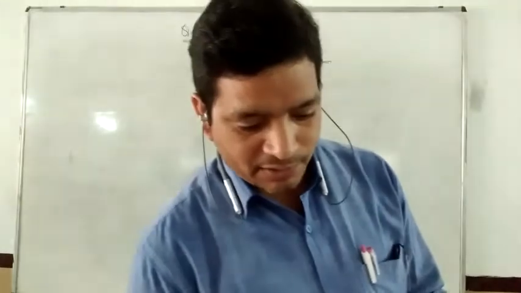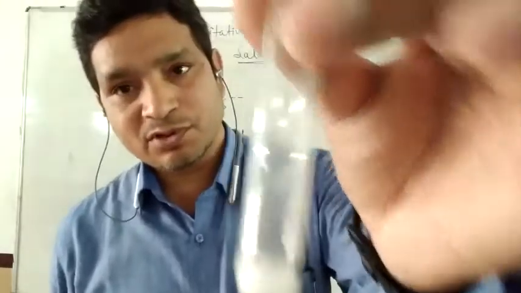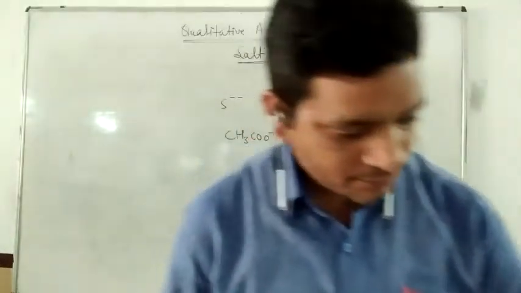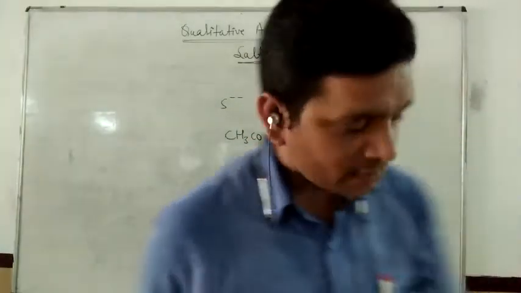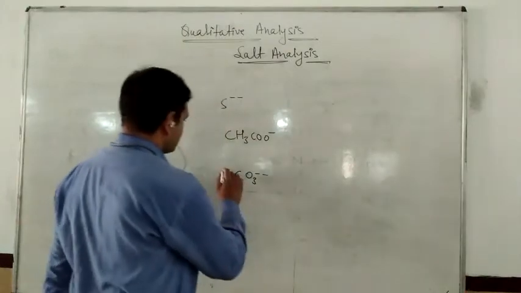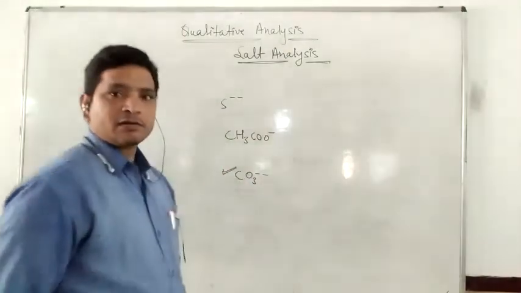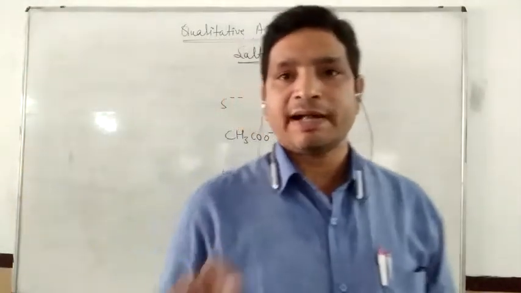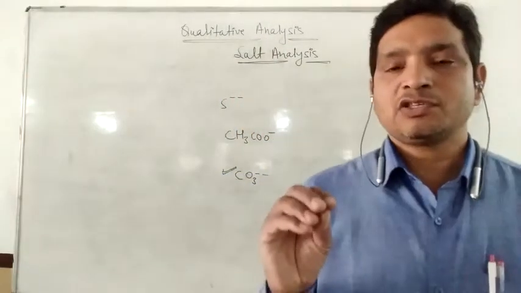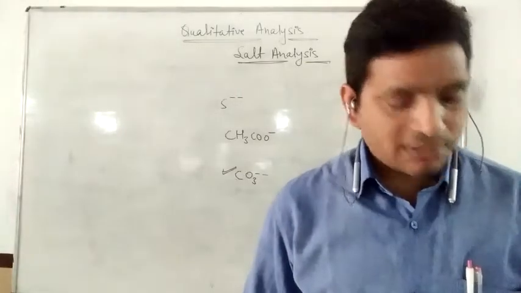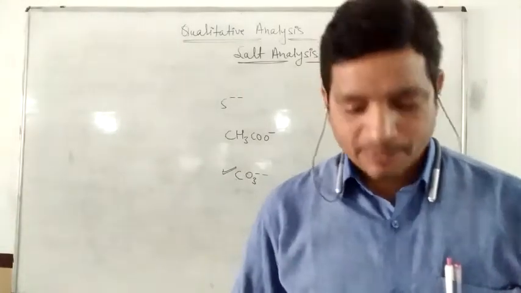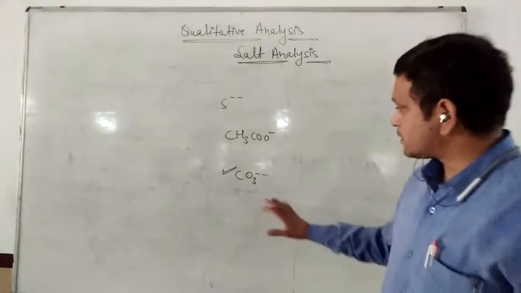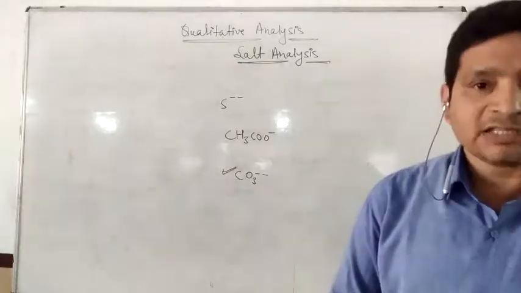So whenever such an observation is seen by adding dilute sulfuric acid to the salt, then it may be a carbonate ion. It might be possible that it is a carbonate ion, because whenever we add dilute sulfuric acid to a salt containing carbonate ion, such brisk effervescence will be produced.